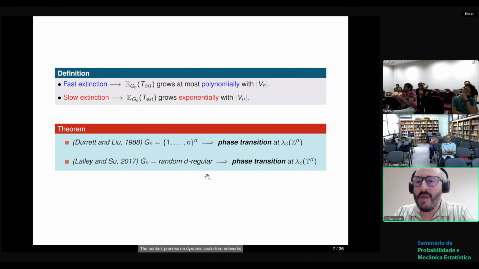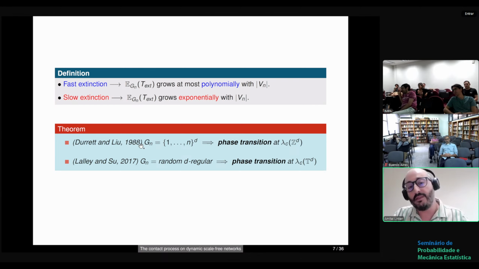Now, there are many results linking the behavior of the process in the finite networks with the infinite networks. For instance, we can take this one from 1988 by Durrett and Liu, in which if you take finite boxes of d dimensions, which of course grow to the infinite lattice, then you see a phase transition between fast extinction and slow extinction at exactly the critical parameter of the infinite lattice.